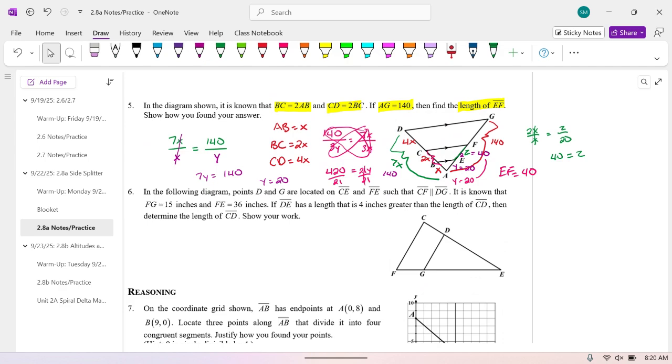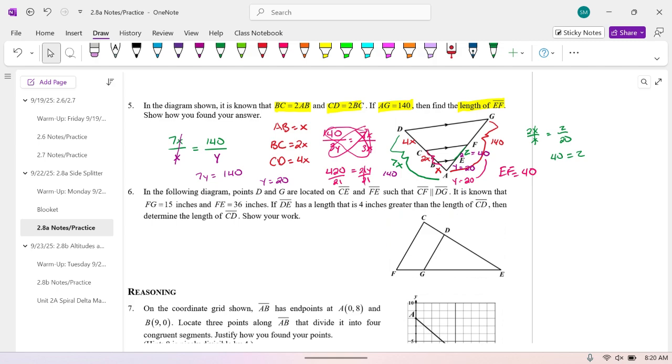I knew 7x over something would equal 140 over something. If I did side splitter, this would have been x, and this would have been some other variable, we'll call it y, z, whatever. So the x's would cancel because it's side splitter. I would get 7 over 1 is equal to 140. So 7y would have to equal 140. So side AE would have to be equal to 20.